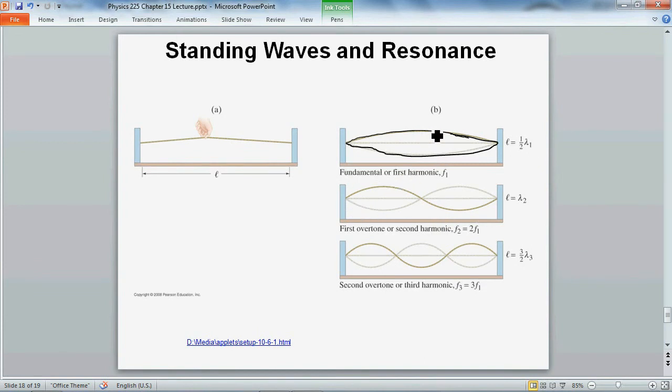Now, since this is the base frequency, we call this the first harmonic. And if you're dealing with music, you'll hear them calling this the fundamental. I tend not to use the music terms.